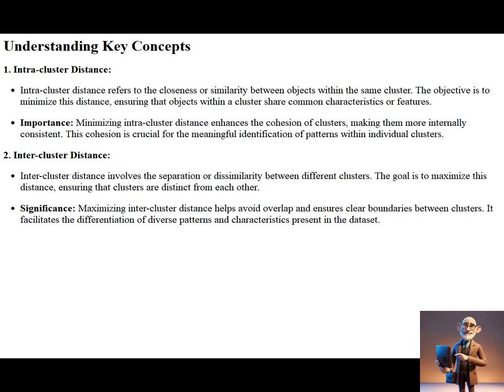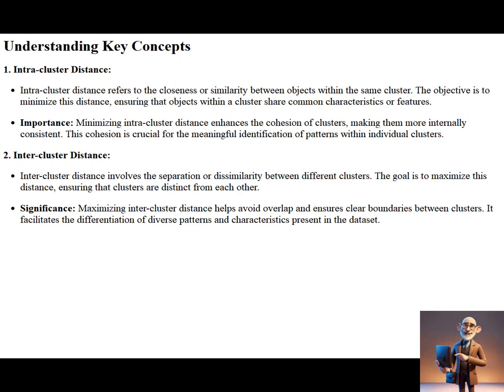Well, by minimizing intra-cluster distance, we ensure that objects within a cluster share common characteristics or features. This cohesion is critical for the meaningful identification of patterns within individual clusters. Think of it as creating clusters where members are not just close in proximity, but are also similar, enhancing the internal consistency of each cluster.